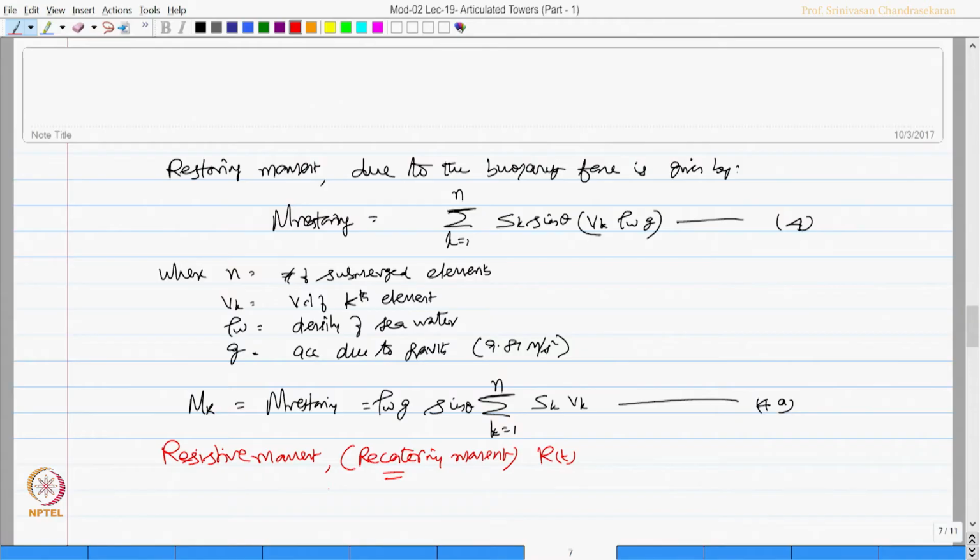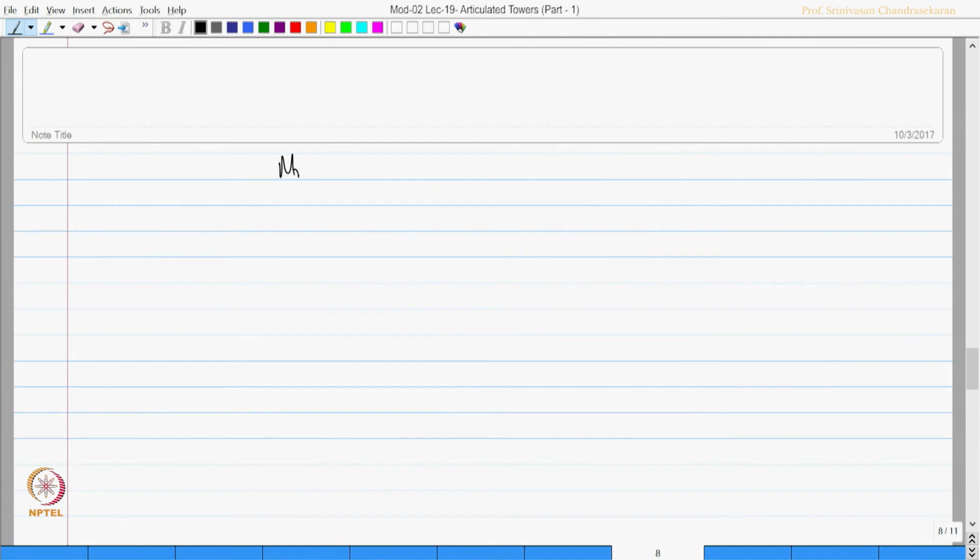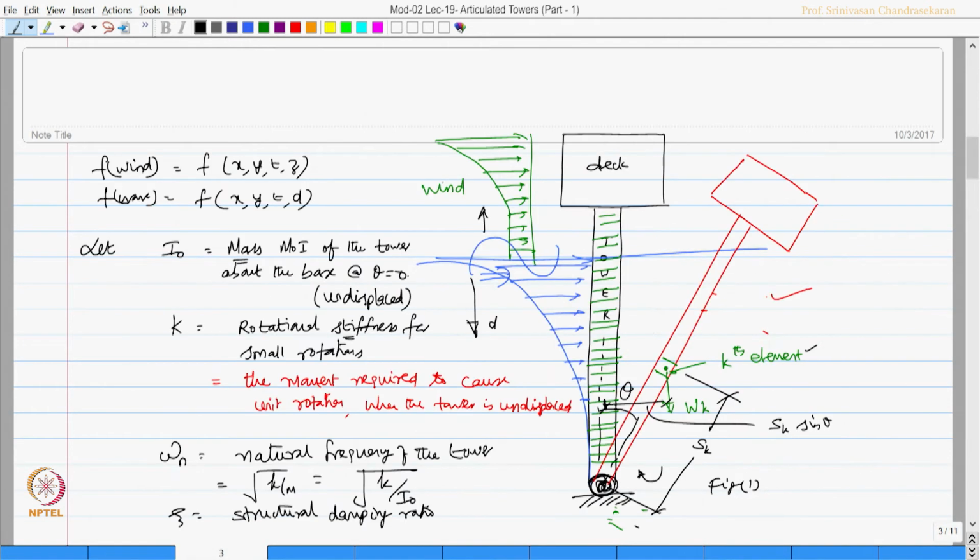Therefore, let us try to find out the recentering moment, which is given as R t, which will be equal to the restoring moment minus overturning moment. If I call this R t, from the original equation of motion, please look at the original equation of motion.